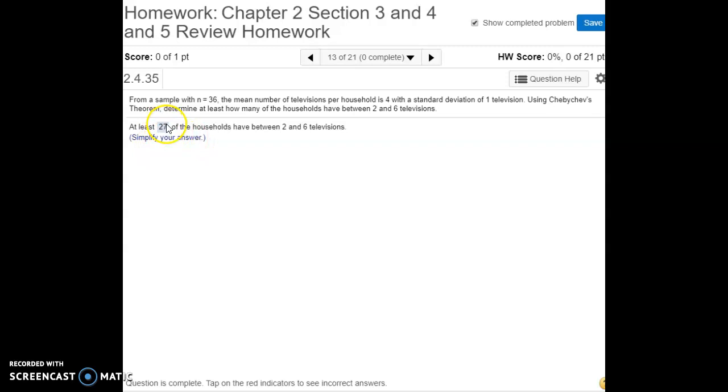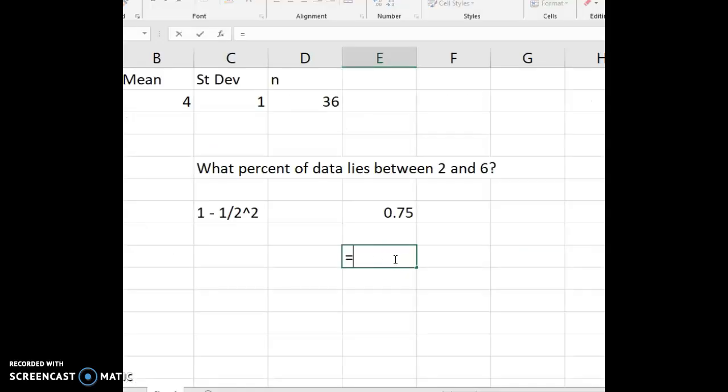At least that amount. And so, well, how much data did we have? We had 36 values in our sample. What is 3/4 of 36? 75% of 36. So if you take 36 and multiply it by 3/4 or by 75%, you get the number 27.